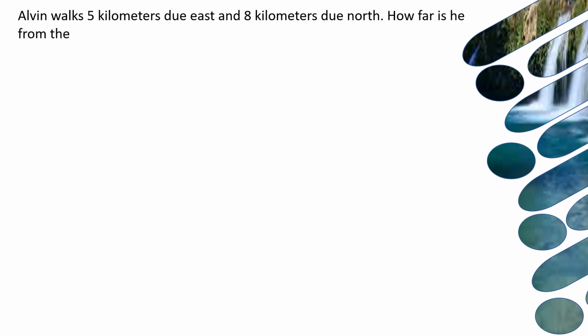For the next question, Alvin walks 5 kilometers due east and 8 kilometers due north. How far is he from the starting point? So remember that in labeling the directions, this is going to north and this is to east on the right side, and the opposite of north is south, the opposite of east is west.